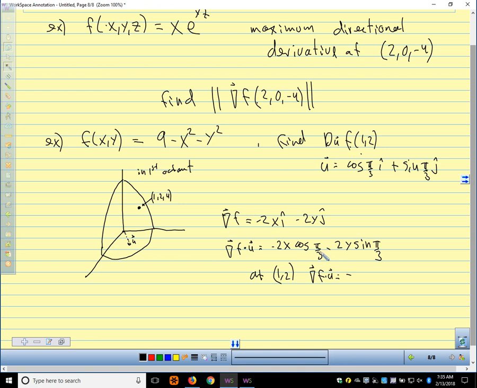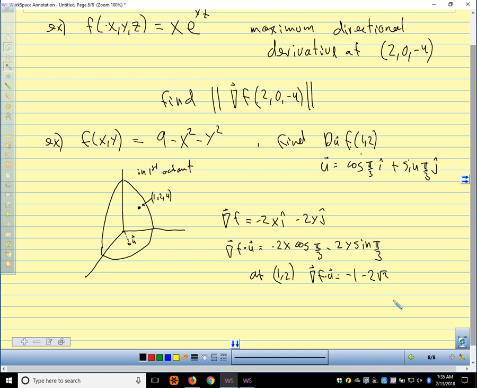Cosine of pi over 3? 1/2. There we go. Negative 1 minus 2 sine pi over 3, square root of 3 over 2. But we cancel the 2. But the y is 2, so we get 4, right? One of the twos cancels out. All right. Negative, just like we expected.